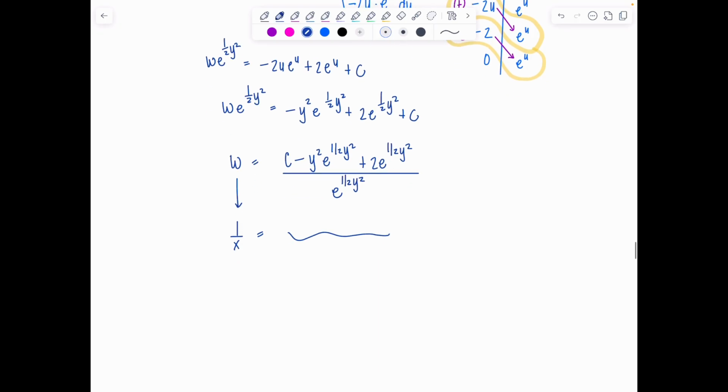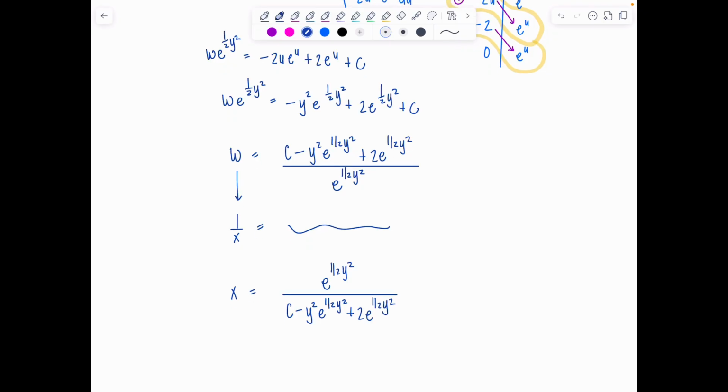So then x by itself is just going to be the reciprocal. So x is going to be e to the 1/2 y squared over c minus y squared e to the 1/2 y squared plus 2e to the 1/2 y squared.